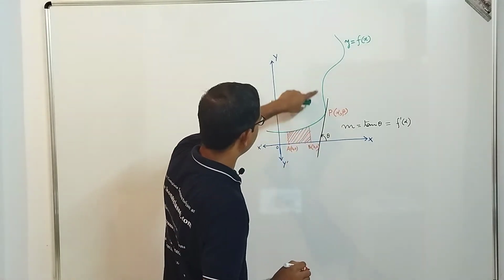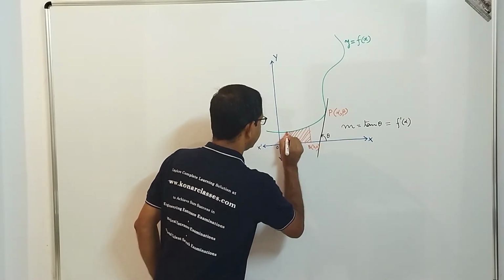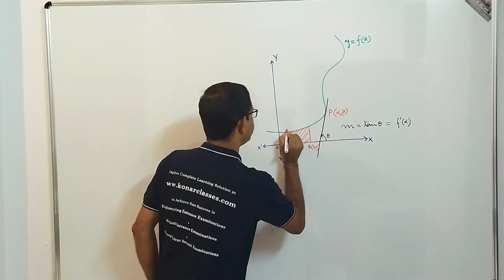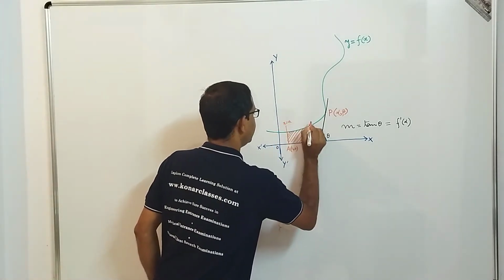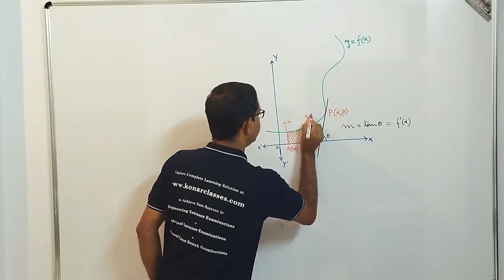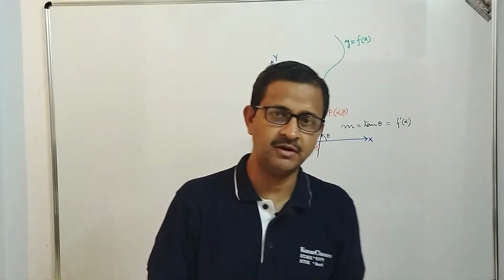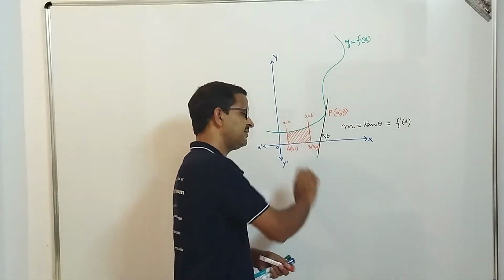This is the curve y equal to f(x), then the x-axis, then there are two straight lines. The first straight line has the equation x equal to a, and the other straight line has the equation x equal to b. So the motivation behind learning integral calculus is to find the area under a curve.